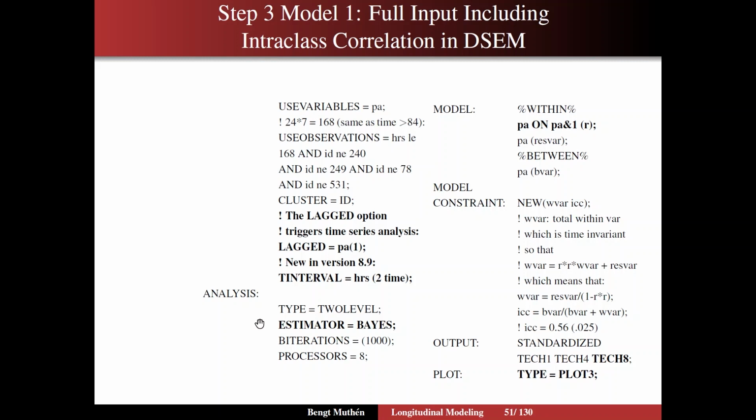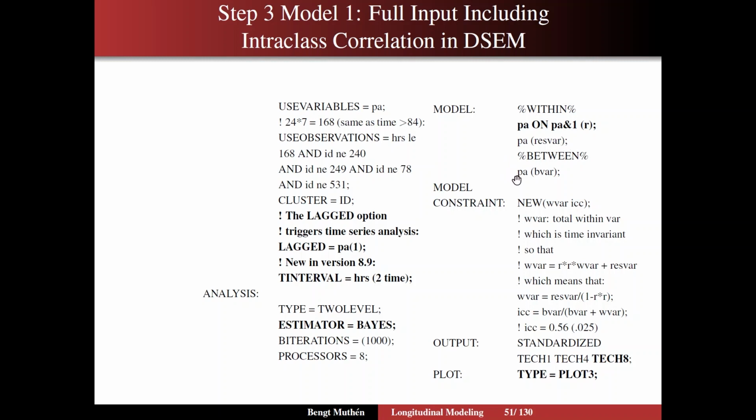So this two-level analysis using Bayes and a minimum of 1000 Bayes iterations is used here, and then the model is PA on PA&1, and we're going to label that R for reasons that will become clear. So that's the autoregressive coefficient, and PA is the residual variance in that relationship on within.